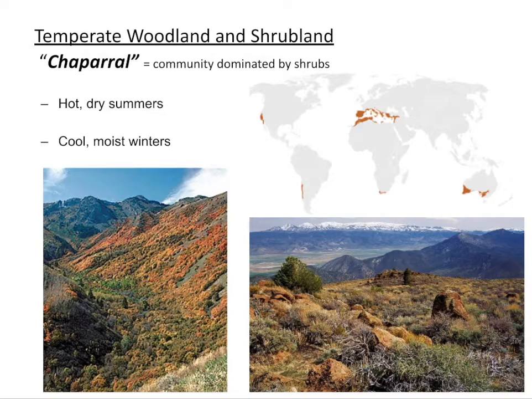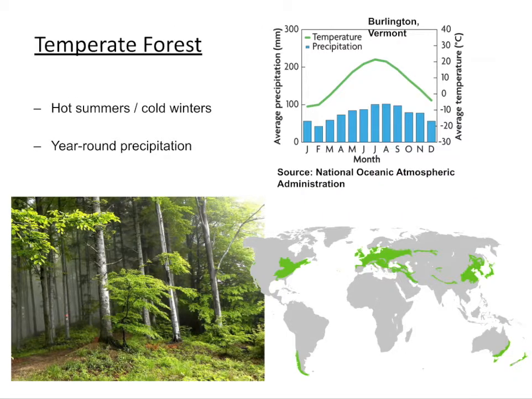All right, and the temperate forests. Here we have hot summers and cold winters with year-round precipitation. So in the eastern United States is a place where we find lots of these temperate forests.